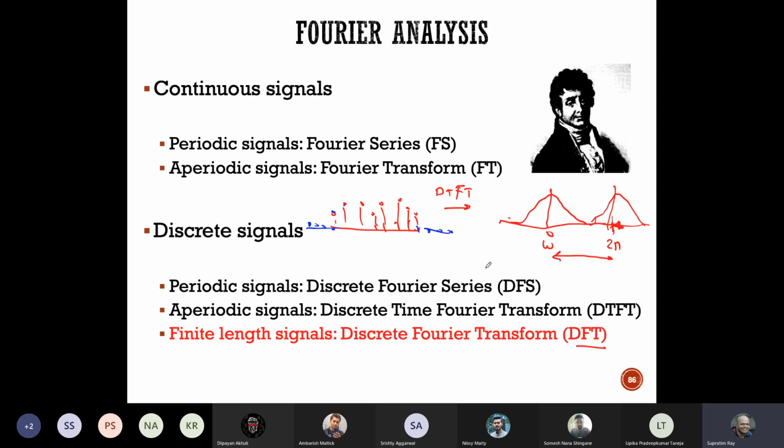However, I know one transform which only needs n terms, and this is the discrete Fourier series. So I say, can I make a periodic signal out of this? And sure enough, you could, if the signal has finite length n, so I've got 0 to n minus 1. Then all I need to do is take this signal and repeat it after every n.